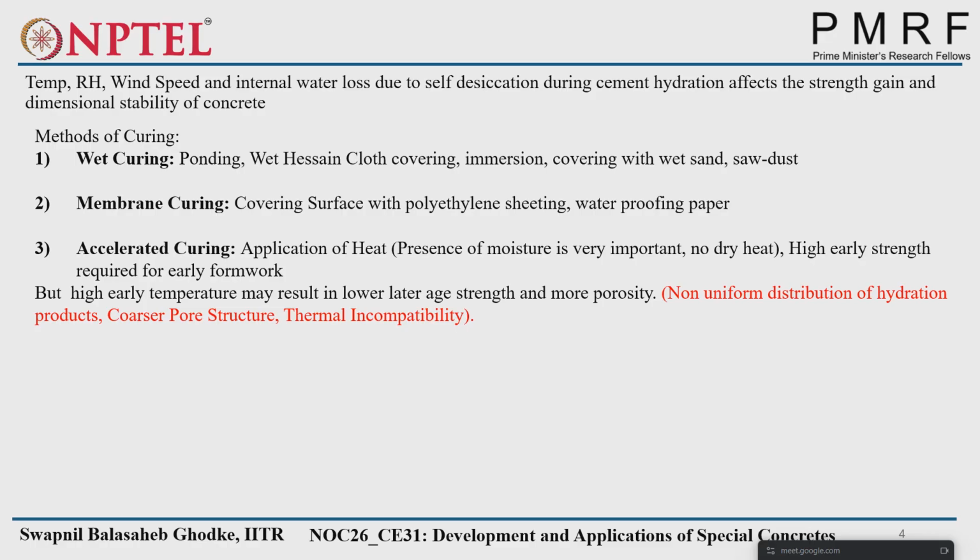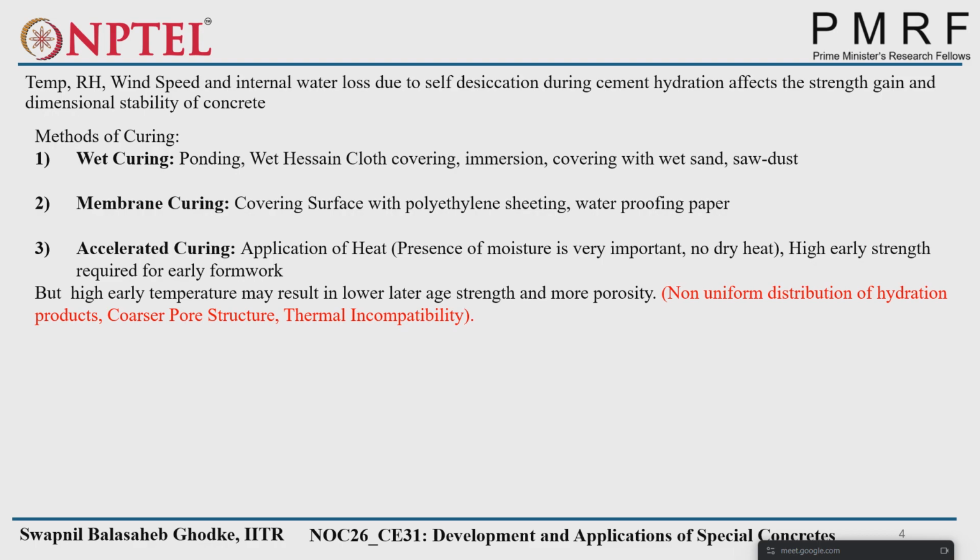For that purpose, we have to provide accelerated curing with moisture. That's why we have the water bath where hot water will be there, and we keep our specimens like cube or cylinder in it. That is what we call moist curing. Moisture is provided along with the application of heat. It enhances early strength by enhancing the early hydration. It provides the early strength, right?